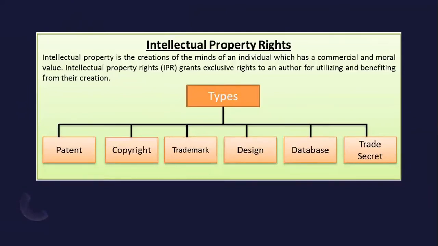It gives the owner a right to decide the price for doing so. So, intellectual property rights grant exclusive rights to the author for utilizing and benefiting from their creation.